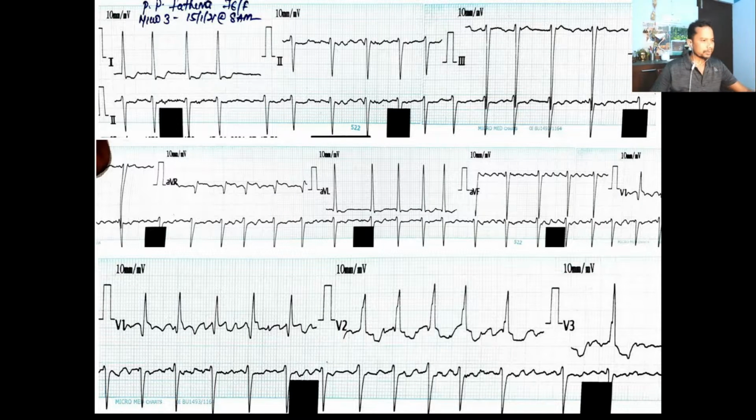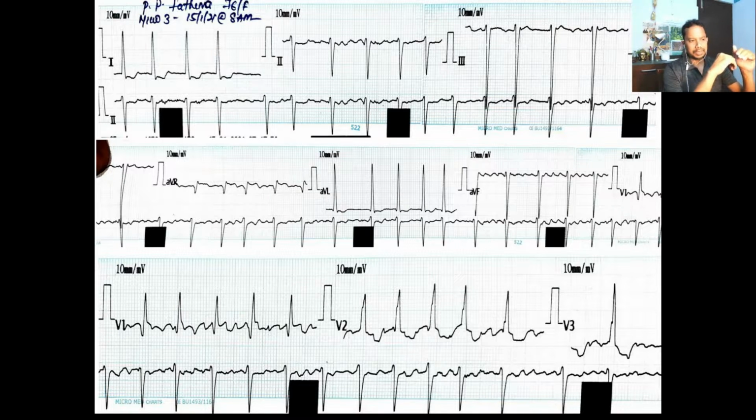So in this patient, if you want to calculate the heart rate roughly, it is 300 divided by the number of big squares between two RR intervals. So you can take the RR interval, 1, 2, 3 big squares. So roughly the heart rate is around 100.